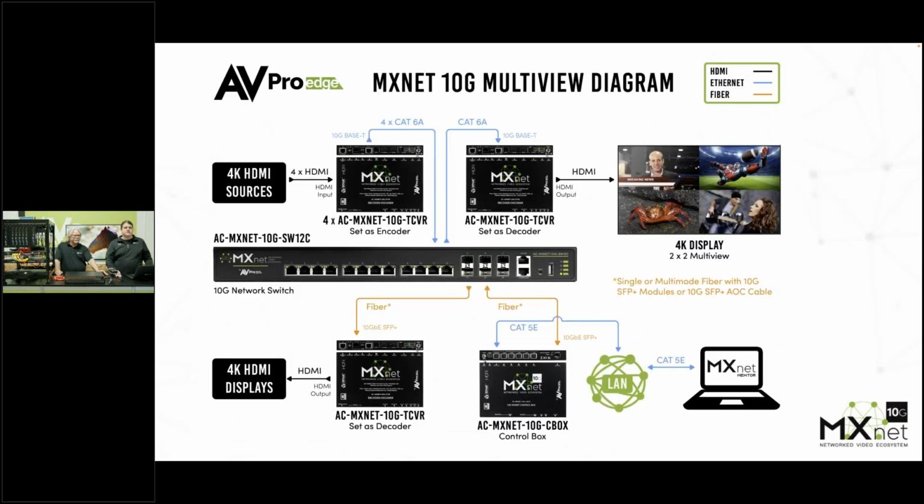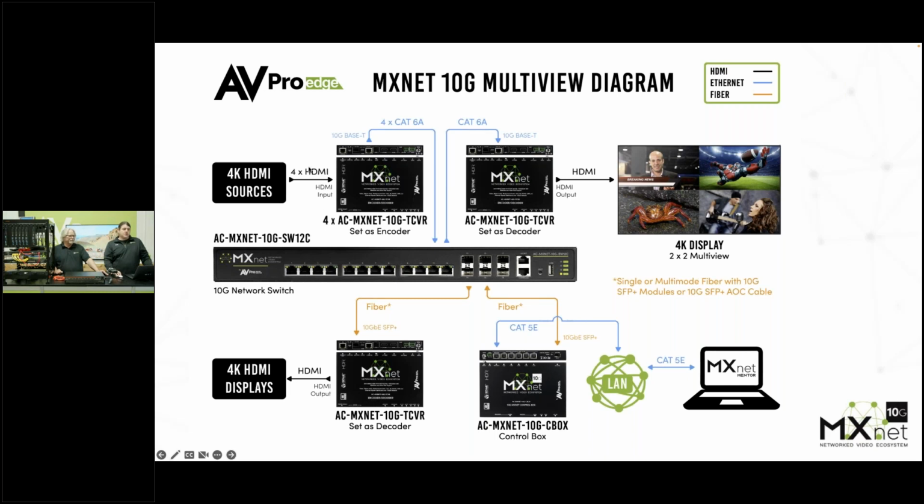But looking at this connection diagram here, this is how you would set the system up. So you have your 4K sources right here. This is the 12C. This is one of our network switches that we will get into. But this is the one that has PoE, so you can just use copper, normal Cat6A.